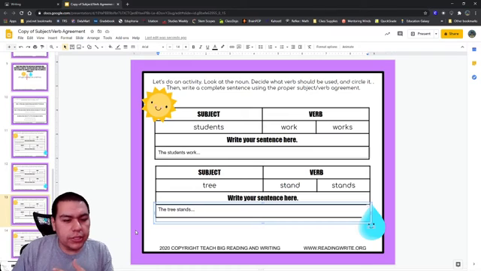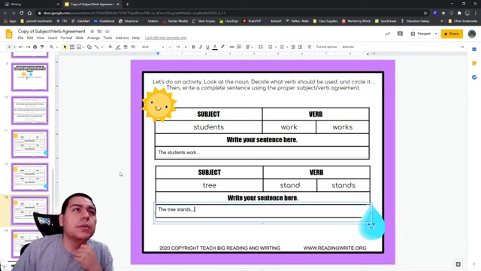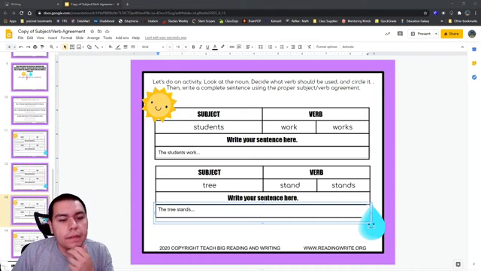How else could the tree stand, or where else could the tree stand? How else could I end it? There is a bird nest in the trees that's standing straight up.